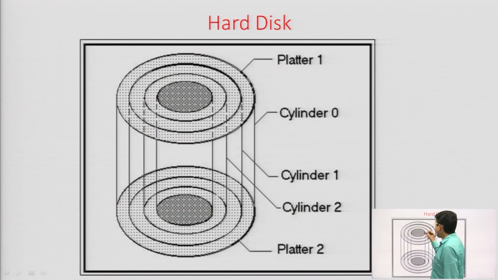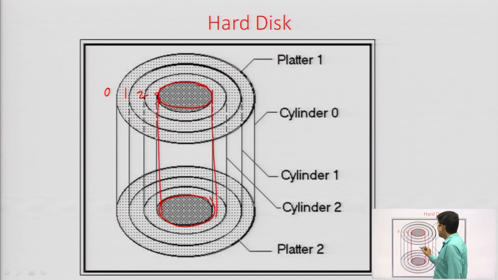Now, the same track numbers usually form a virtual cylinder. For example, if I number the tracks as 0, 1, 2 and 3, then track 3 of one surface, track 3 on the other surface, and track 3 on each surface will form a virtual cylinder.